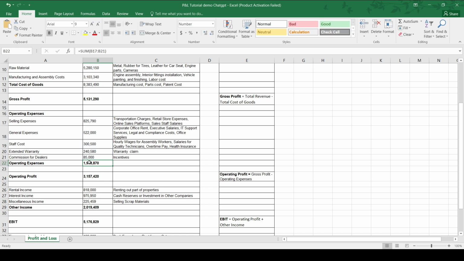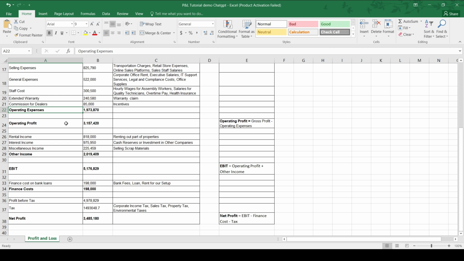Operating expenses are also indirect expenses, which are related to running the whole business. Then we have the operating profit. Operating profit is the profit the company makes from its core operations after subtracting operating expenses such as marketing, office rent, and staff salaries from the gross profit.